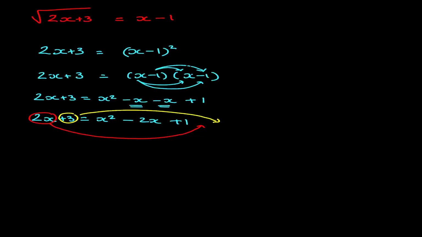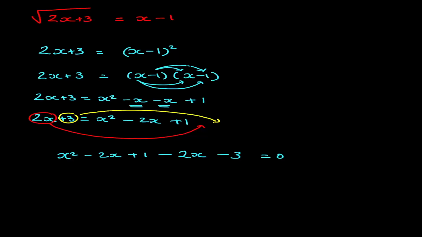So this is what I have: x squared minus 2x plus 1, and then we brought that 2x across, so it becomes negative 2x, and we've also brought that 3 across, so it becomes negative 3, and that equals 0.